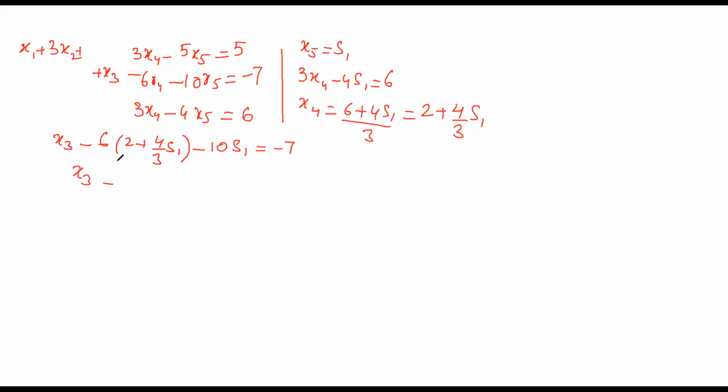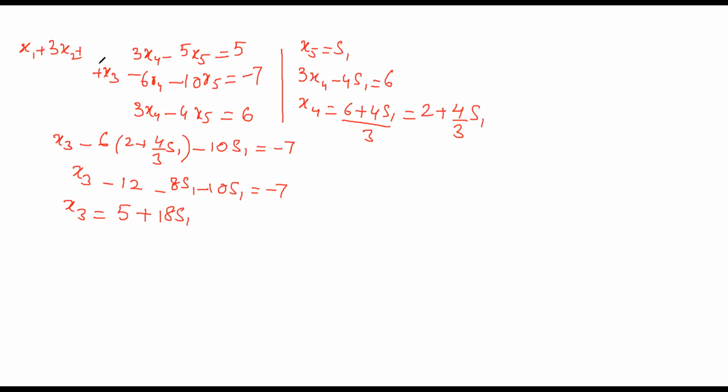We need to do some algebra. Minus 12, and then it will be minus 8 s1, and minus 10 s1 is equal to minus 3. So x3 will be equal to 12 goes there, so it will be 5, and then it will be 5 plus 18 s1.